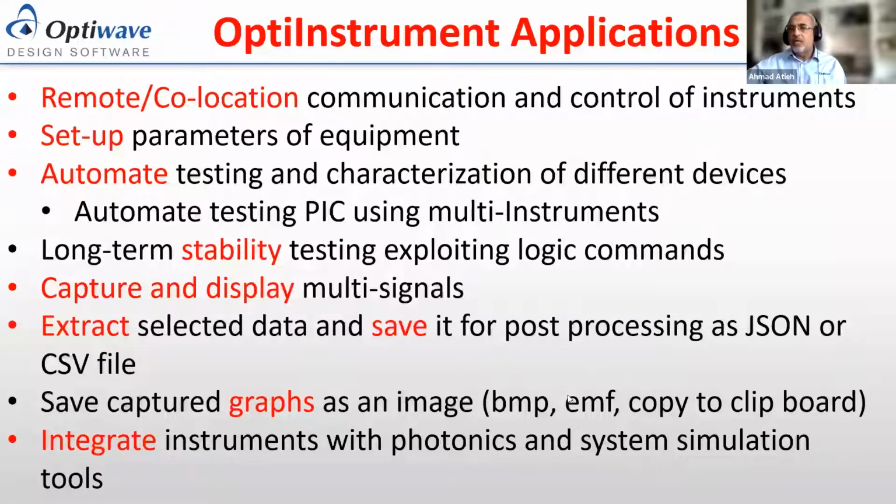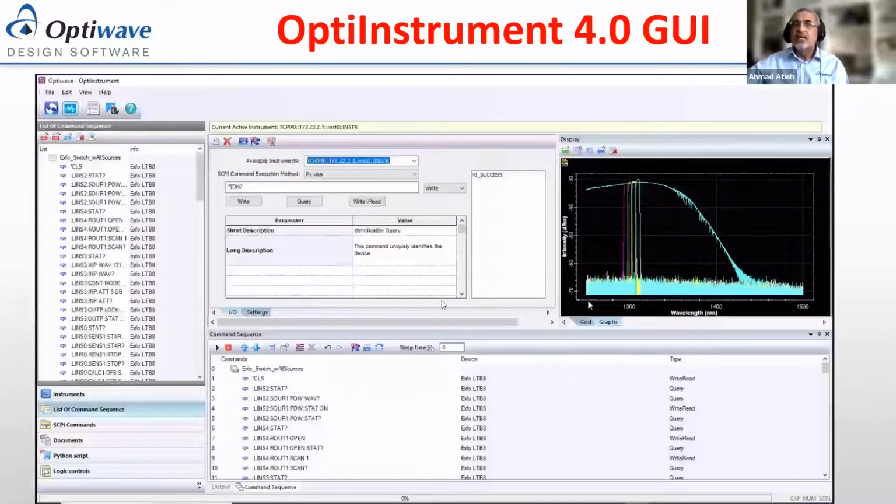At OptiWave, we integrate OptiInstrument with OptiSystem software. There is a component in OptiSystem where you can connect remotely with any instrument, get data, and then use this data in the simulations. This is the picture of the OptiInstrument 4.0 GUI. Because we have new icons being added, I'm going to talk about the features added into OptiInstrument 4.0 in the next slides.